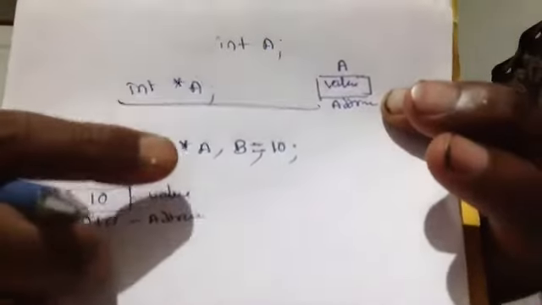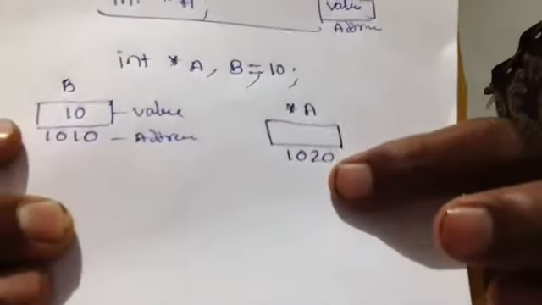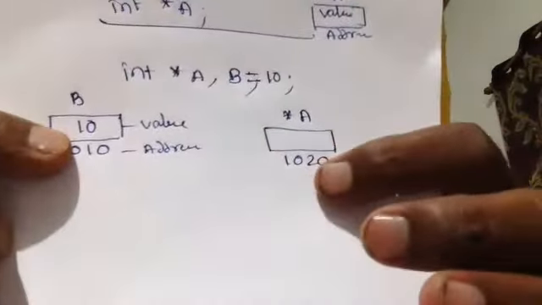Now, star A. Star A means this is also a variable, but it is pointer type. So it also has an address. So I put it 1010. It is 1010, it is 1020.